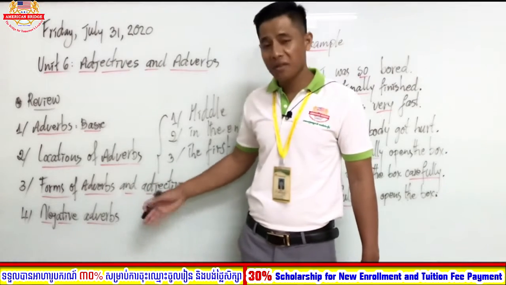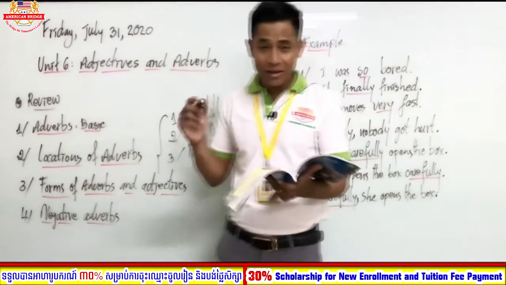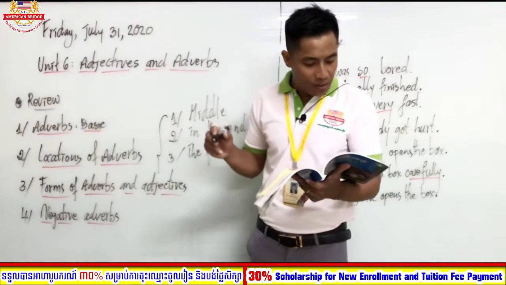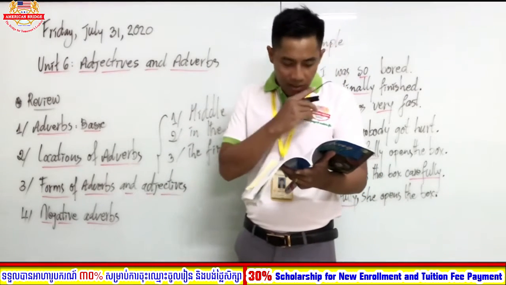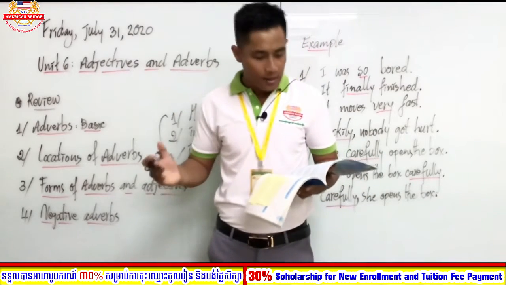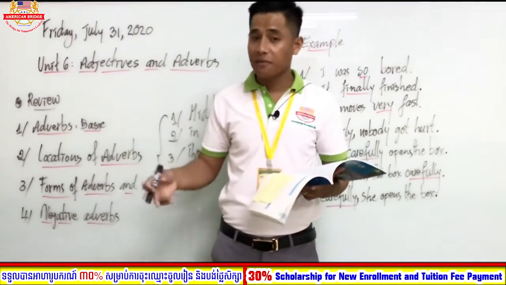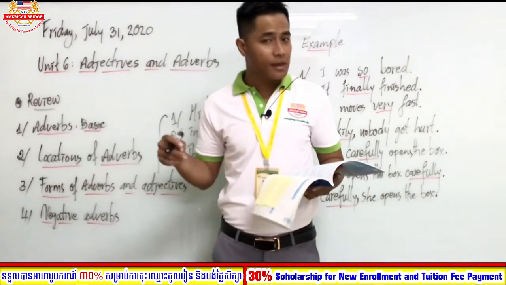You might be confused by this, but don't worry. Open your book to page 58 again and look at number 3. Adjectives are used to modify nouns, and adverbs are used to modify verbs, adjectives, and adverbs themselves.